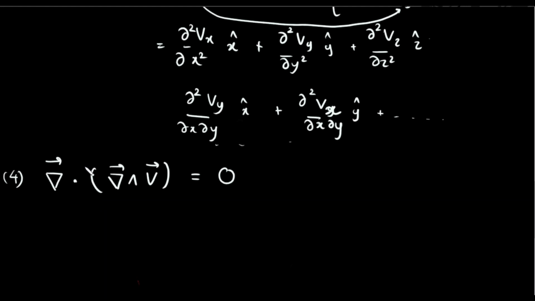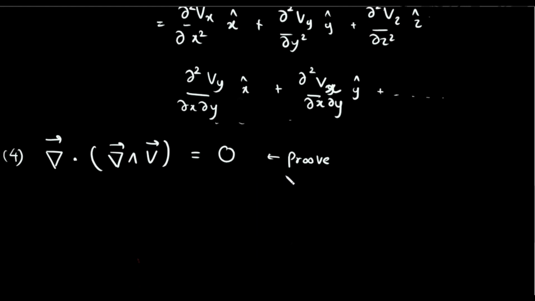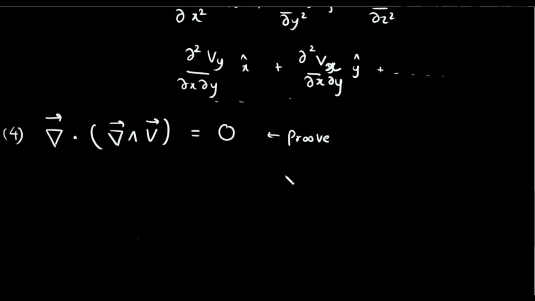Now this is an exercise for you to prove. I think you can do this. I'm not going to do this for you. If you are struggling to do this, comment it and I will post a video on this. What you have to do is put this into matrix format. The curl is actually the cross product of the del operator and the v vector field.